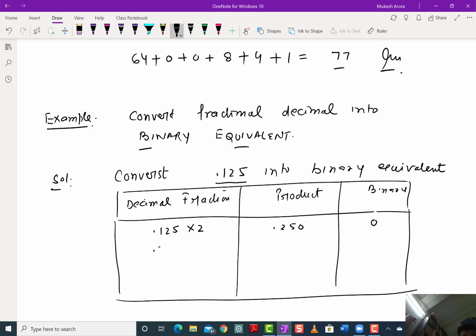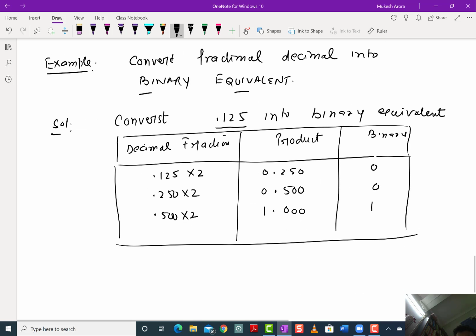Then 0.250 into 2 will be 0.500. Again binary is 0. So 0.50 into 2 will be 1.00. Binary is 1. We keep on multiplying by 2 till we reach 1 point something. So the answer will be 0.001 with base 2.